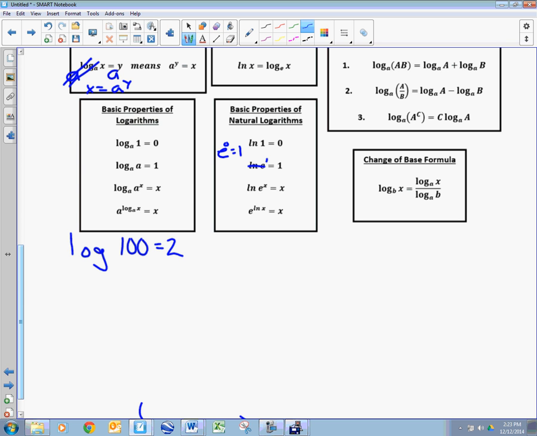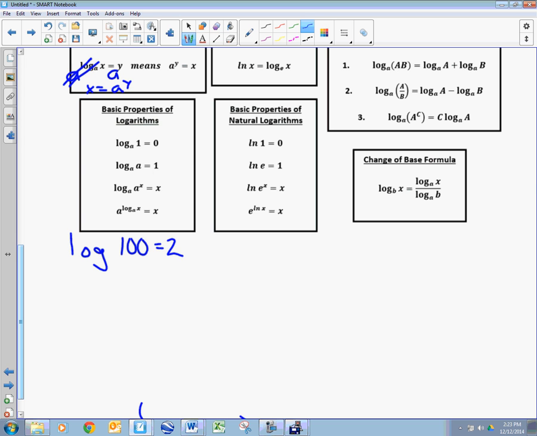Natural log, e to the x. Natural log and e are inverses of each other. They cancel and leave you with x equals x. E to the natural log base e of x. Those cancel, leaving you with x equals x. These are some properties, and that's why they work out the way that they do.